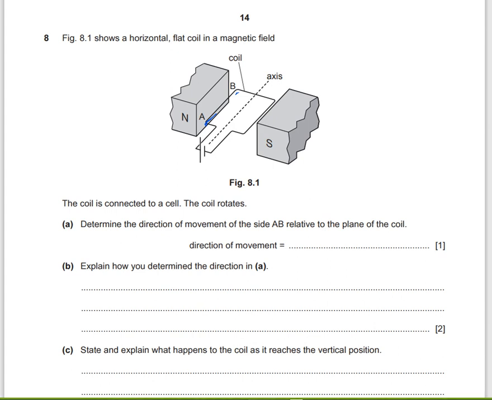So when you use Fleming's left-hand rule and see the direction of motion, because you have the direction of current going like this, you have the direction of the field goes in that direction. So eventually the direction of the coil will be downward, so the coil will go down like this. So you can say it will move downwards.